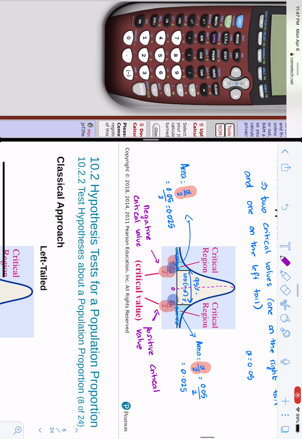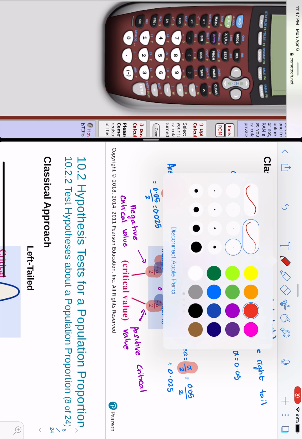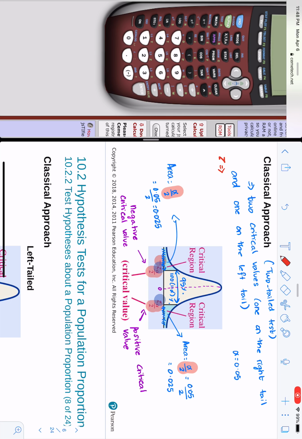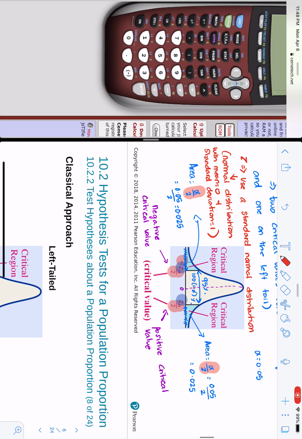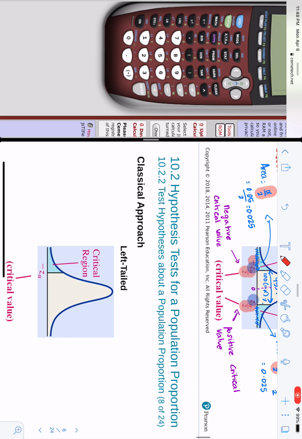The letter Z implies that we have to use a standard normal distribution, which simply is a normal distribution with mean equals 0 and standard deviation equals 1.